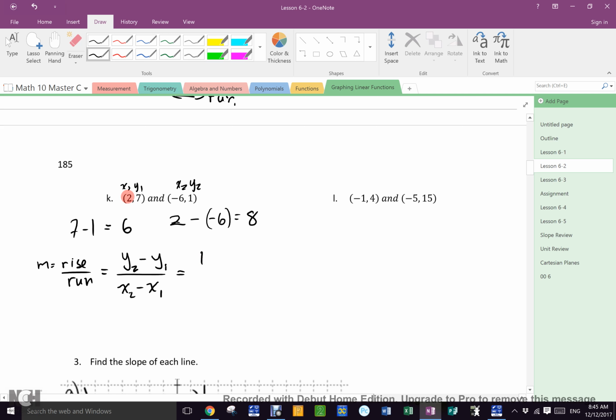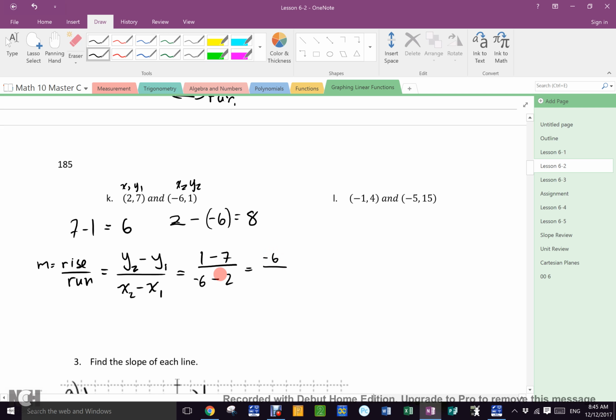What is y1? Sorry. y2 is 1. What is y1? 7. So it's y2 minus y1. So 1 minus 7 over, what is x2? Negative 6 minus, sorry, x2. 2. What is 1 take away 7?